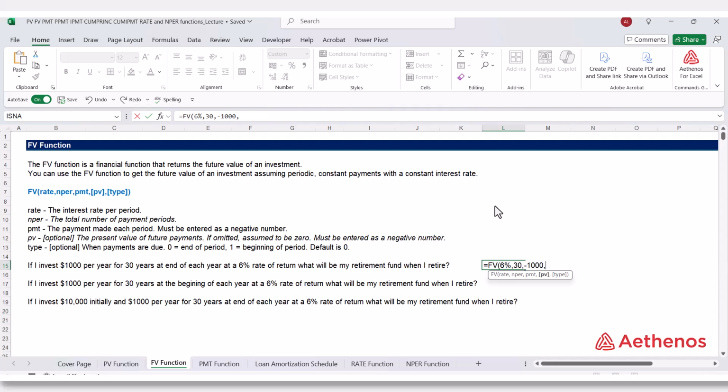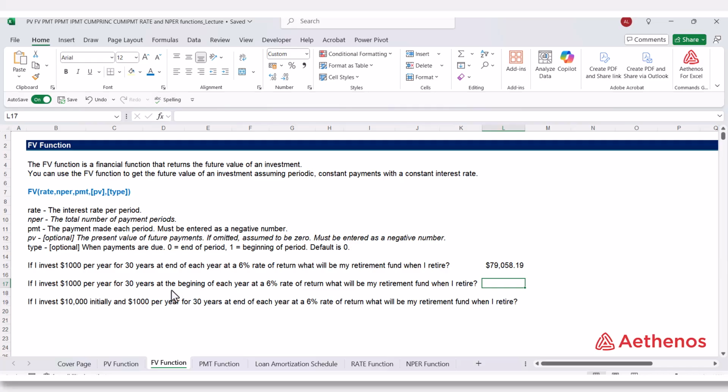We don't have a cash flow at the present, so it's 0, and then the type is going to be end of the year, so 0, and we enter, and we get $79,058.